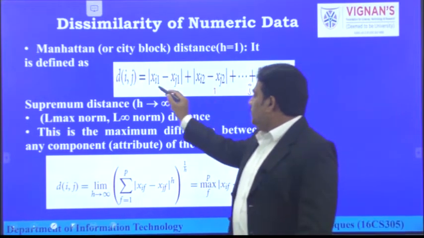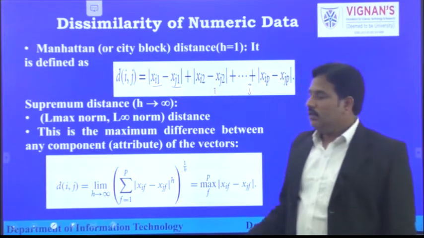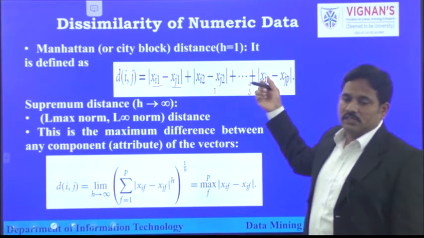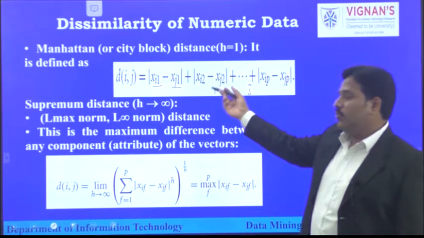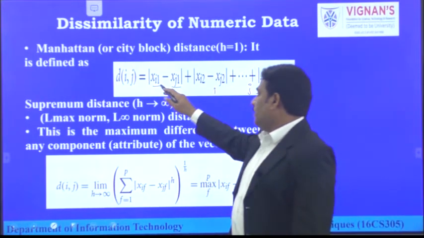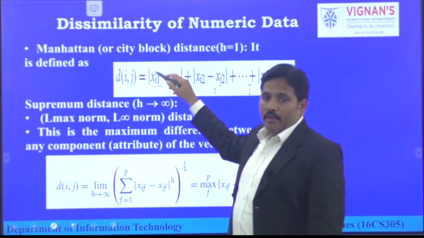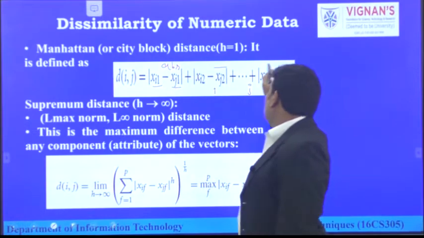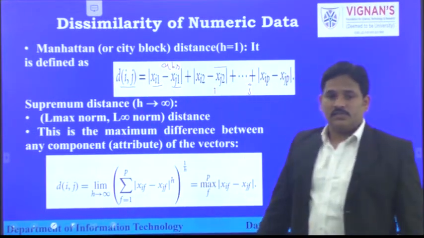Each value xi1 and xj1 is subtracted. If you look carefully, we have done the same thing as in Euclidean distance, except we are not squaring here. Directly we are taking only the absolute value. So xi1 minus xj1 under mod will give the absolute value here, and we are repeating this process for all the values. This is called Manhattan distance.